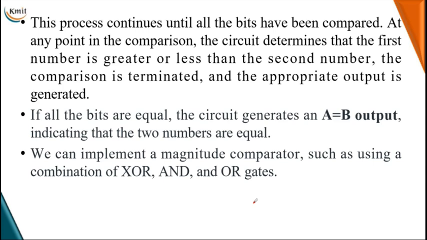Upon completing the comparison, the circuit determines whether the first number is greater or lesser than the second number, or whether the two numbers are equal. If the two numbers are equal, it outputs a equal to b as 1. We can implement this magnitude comparator with exclusive OR gates or exclusive NOR gates along with AND and OR gates.